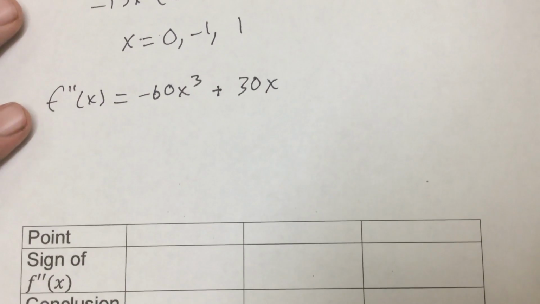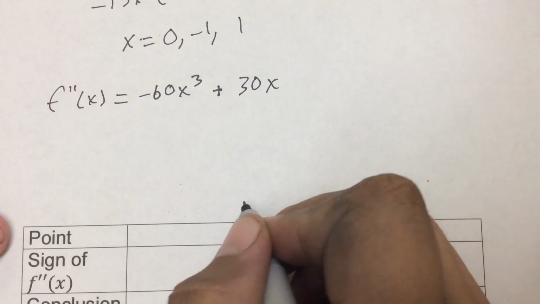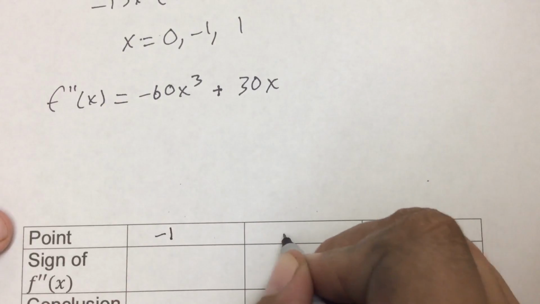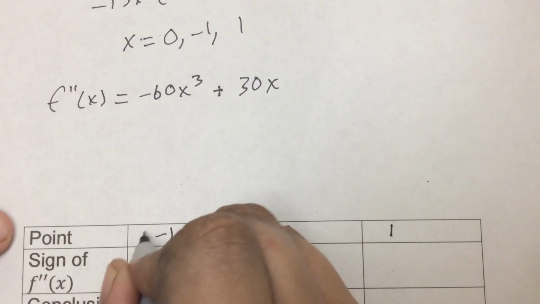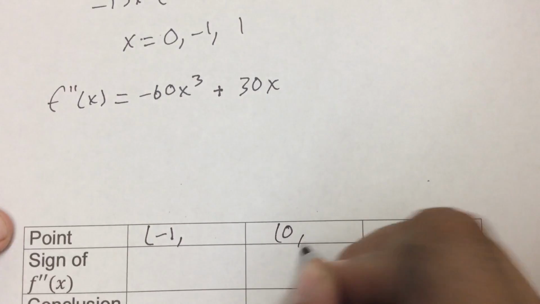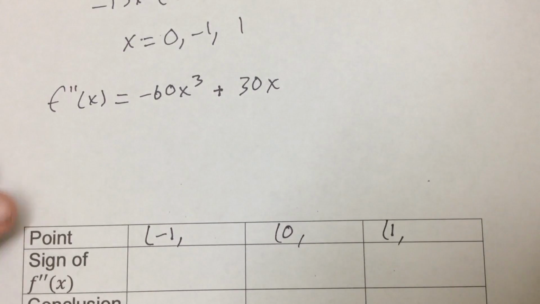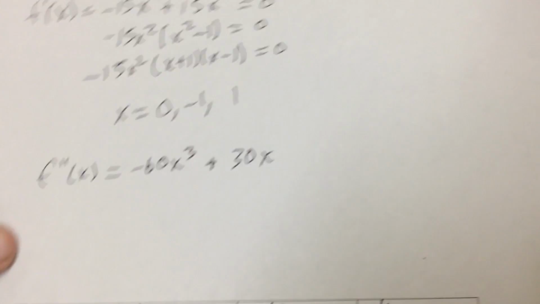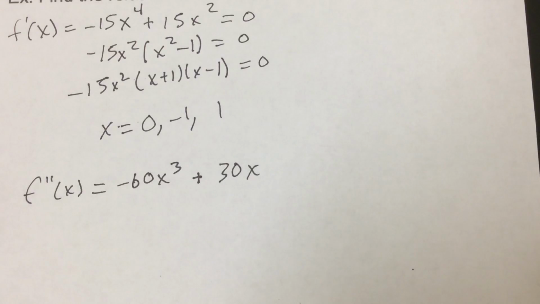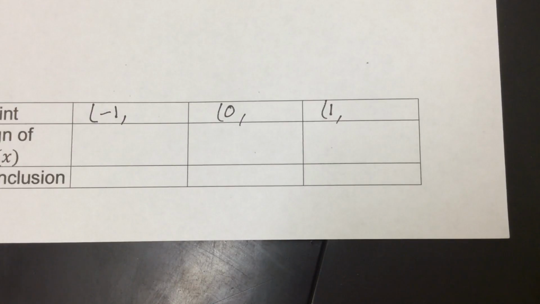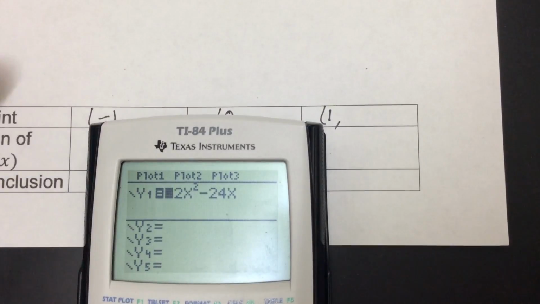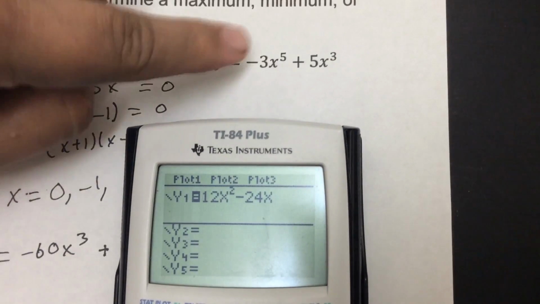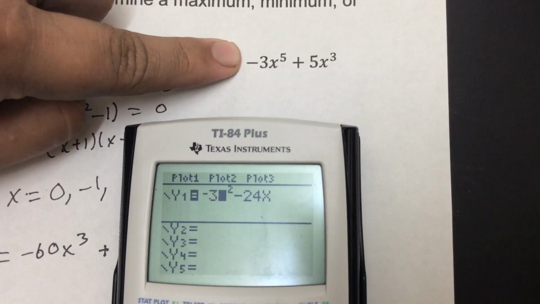Now, point here. We're going to be at negative 1, 0, and 1, which is the x value of this. So I'm actually going to do two things here. In my y equals, I'm first going to put in the original, negative 3x to the fifth.